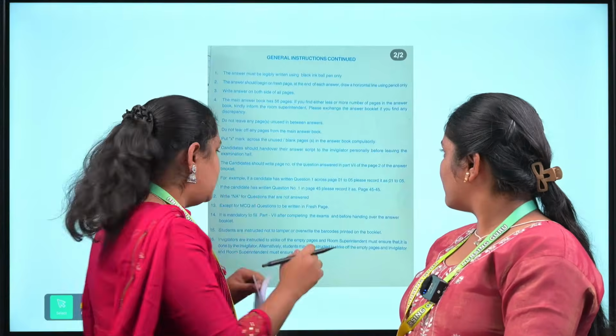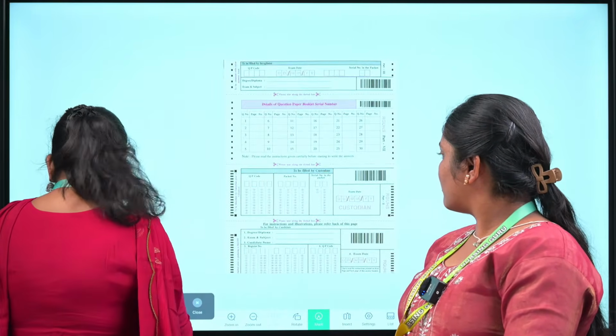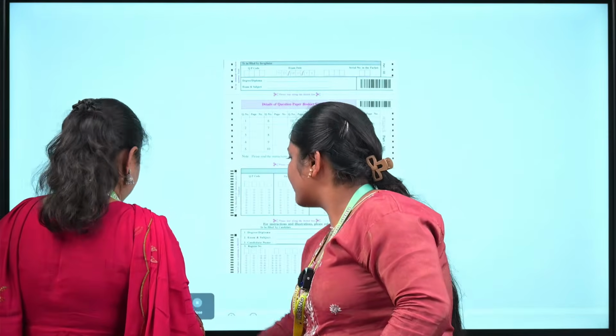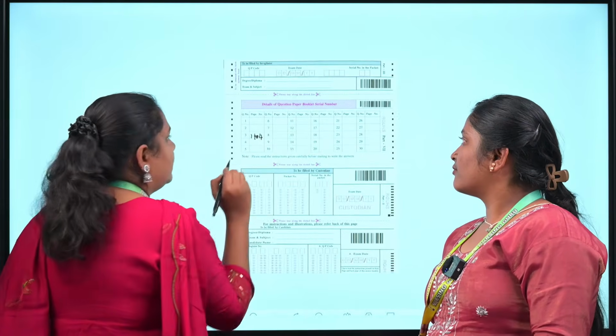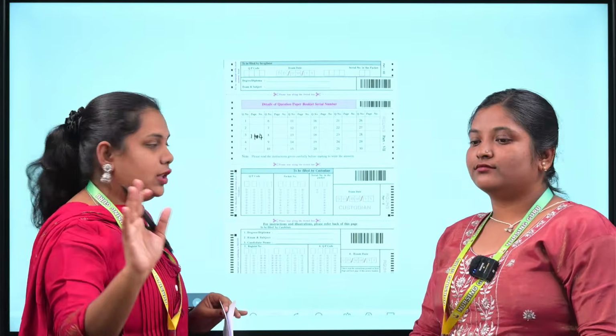In that case, in the third question you write that this is the first page, so first to 4 pages.